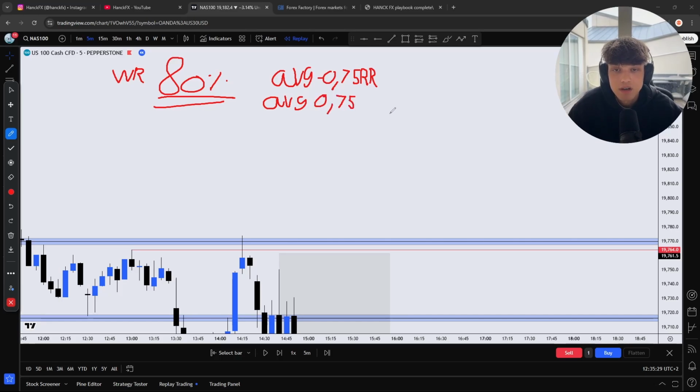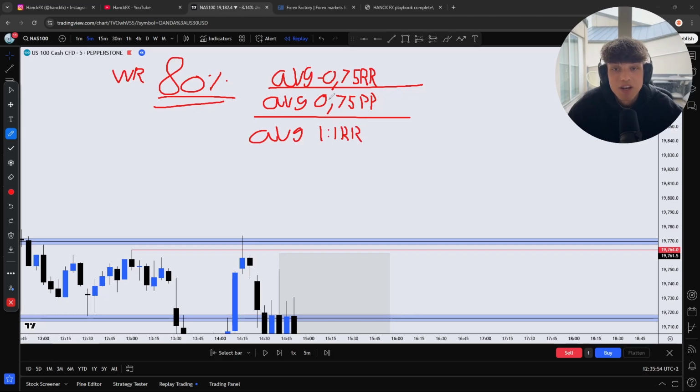It's probably closer to one-to-one or like 1 R, but whatever. Let's just say 0.75 to the advantage as well. Now, my average losing trade is minus 0.75 R, and my average winning trade is also 0.75 R. Now, what does this mean? That means my average RR is 1-to-1, right? 1-to-1 RR right here.